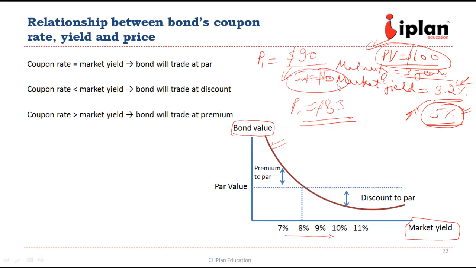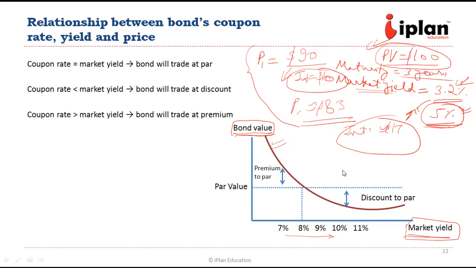Now since our interest expectations have become higher, we are expecting interest of say $17. So this example clearly signifies that higher market yield means lower price of the bond. So there's an inverse relationship between the bond value and market yield, which is also being captured by this curve.